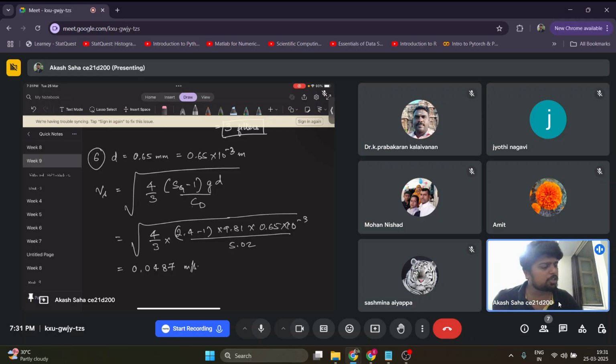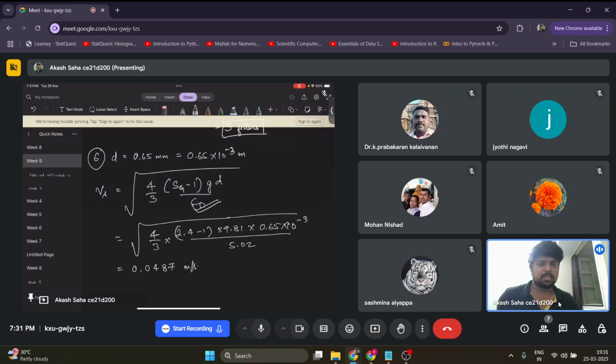And this CD is also known. In that question, CD was not known initially. We calculated it with the help of Reynolds number. And the CD will also change with respect to the type of flow. For laminar flow, it is I think 24 by Re. For transitional flow, it is different, some other formula is there.